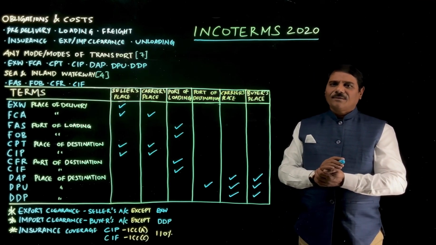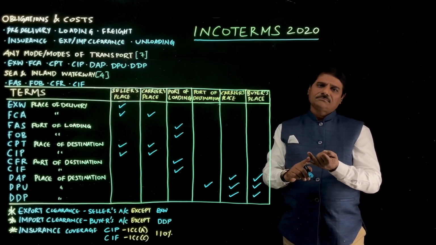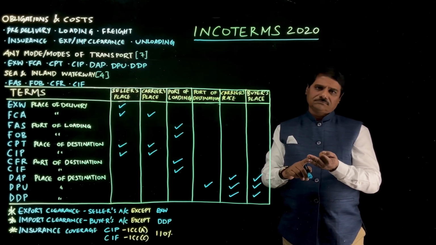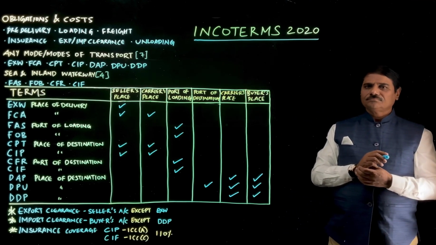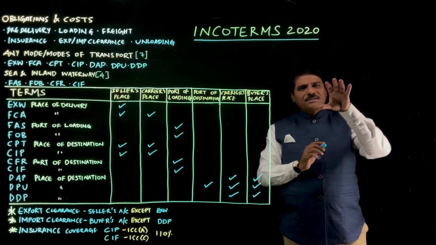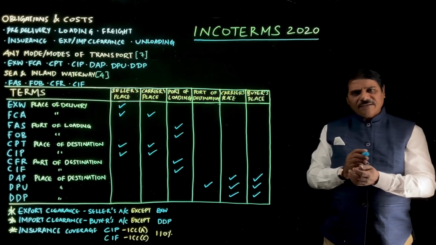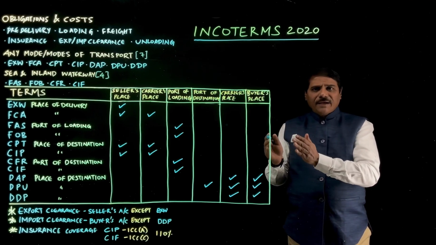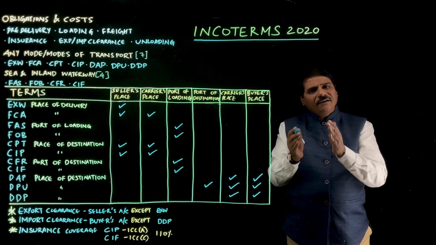So road transportation, rail transportation or air and sea. In case of sea shipments, what happens? Again, seller may deliver the container at a container yard.